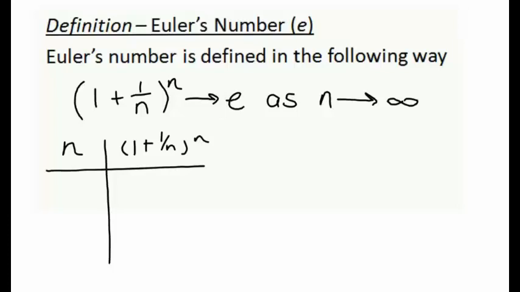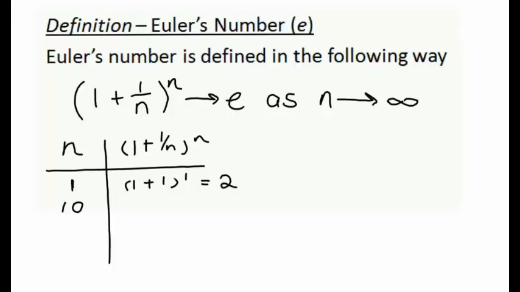To give you a rough idea of what the value of e is, let's try to substitute some numbers into this formula. Let's begin with n equal to 1. If we substitute n equals 1, we get (1 + 1)^1, and this is equal to 2. Next, we might try n equals 10.